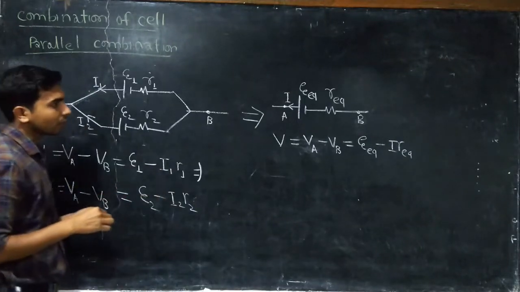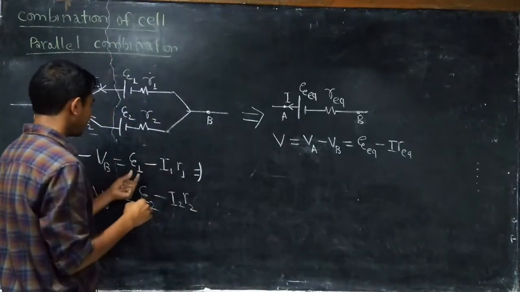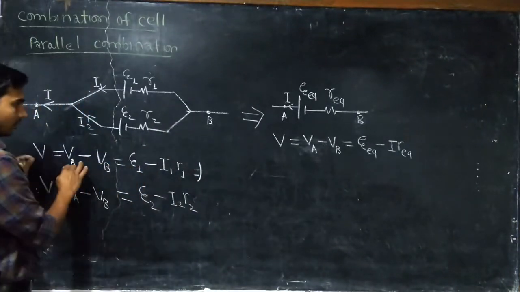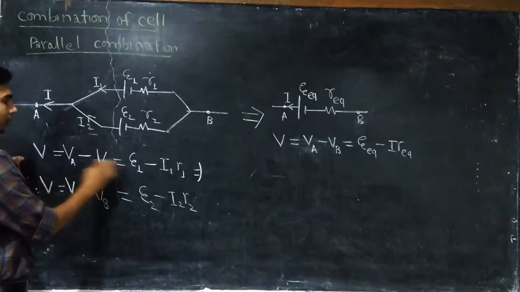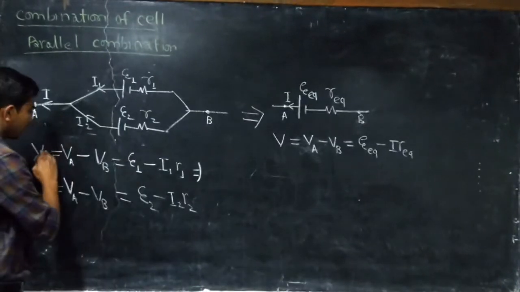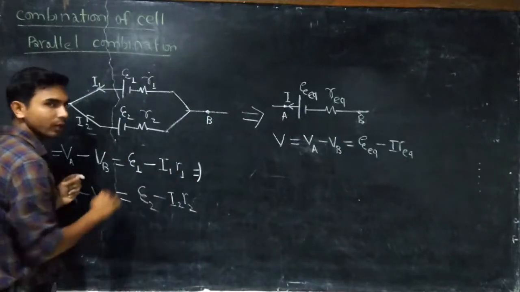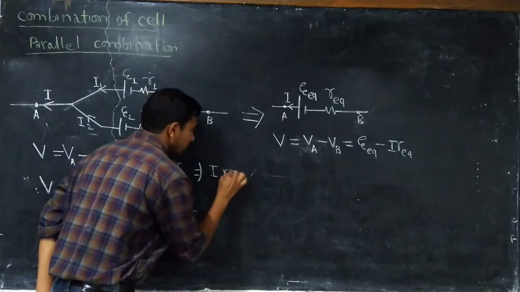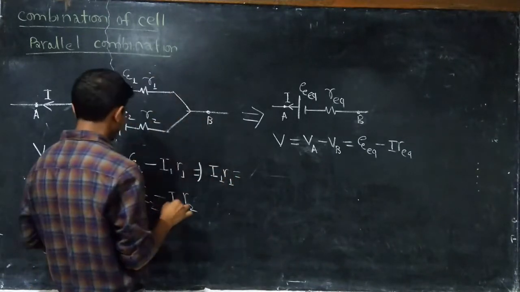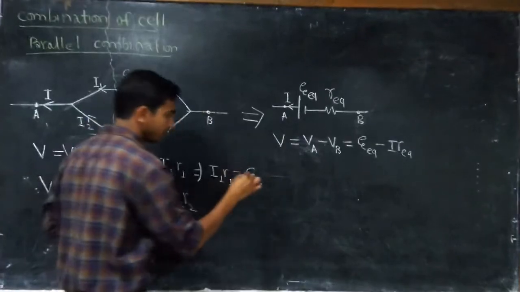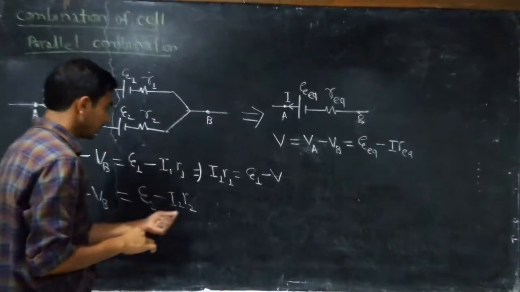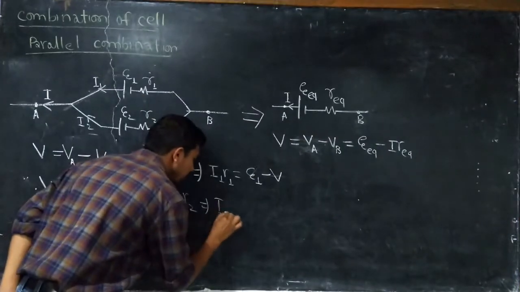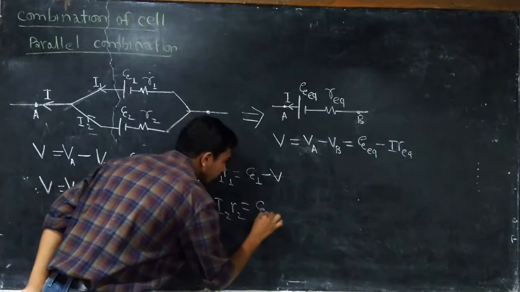Suppose I am going to shift this one to this side and this one to that side, because we are going to find the value of I1, right? So further we can write like this: I1 R1 is equal to E1 minus V, right?